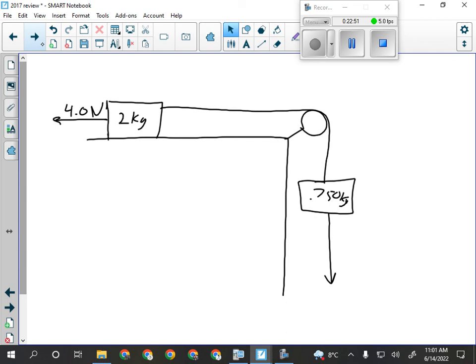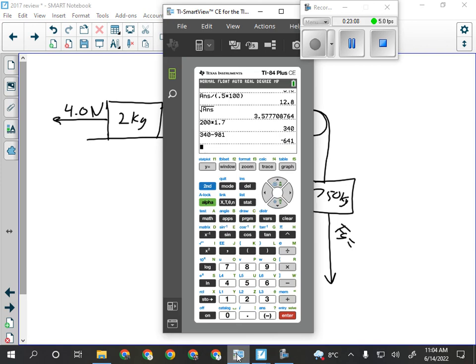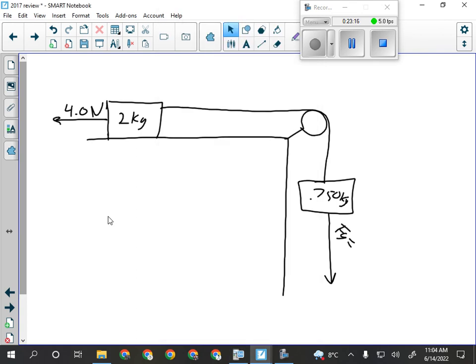So I want the acceleration of the 2 kilogram mass. For this one, we got the force of friction as one of the forces. We got the force of gravity here as the second force. So we're going to have 0.75 times 9.81 to get that one. So 7.35 or 7.36 newtons.